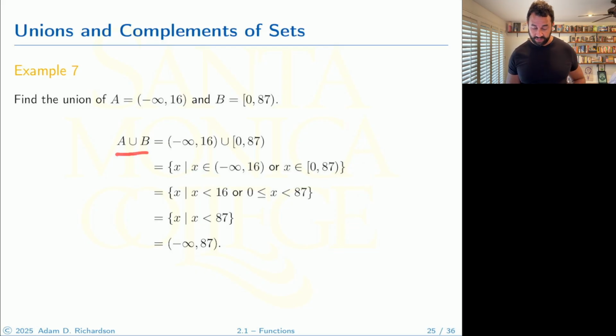So the union of A and B is the set of all x's such that x is in this interval or x is in that interval. Here I'm writing it as compound inequalities, and the x values that satisfy this inequality all satisfy one of these, and this is the interval negative infinity to 87, excluding 87. That is the union. Let's look at a picture.